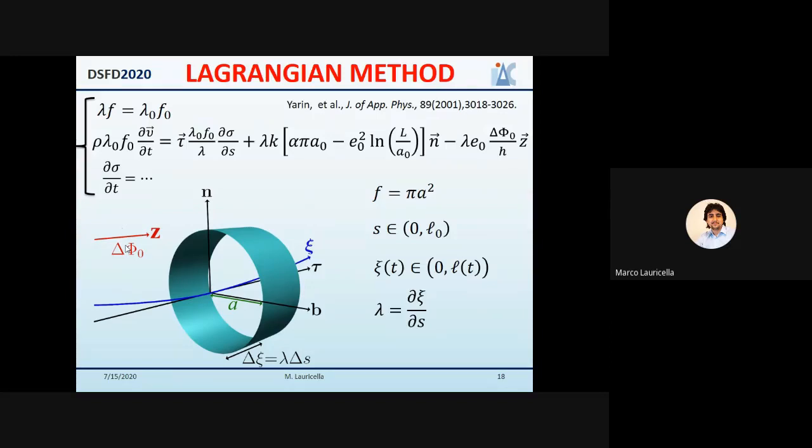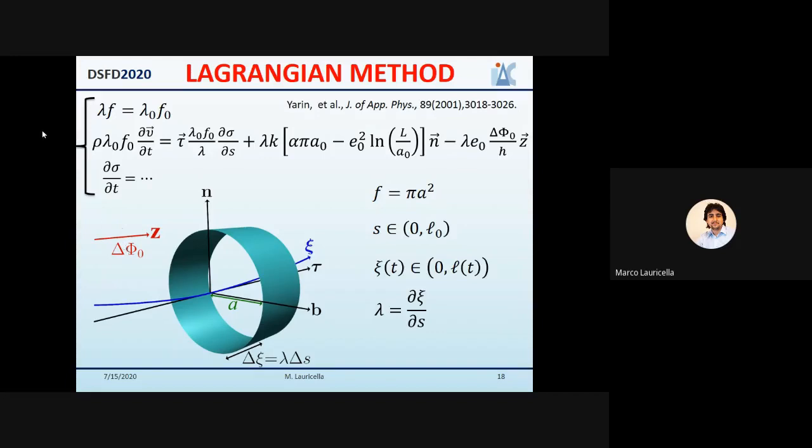To this aim, we start by exploiting the momentum equation of a jet expressed as a function of a curvilinear parameter S. And here we have to recognize that the radius is not an independent variable, but it is related to the stretching ratio lambda, since we are assuming the conservation of the volume in the jet. In practice, we are neglecting the evaporation effects.